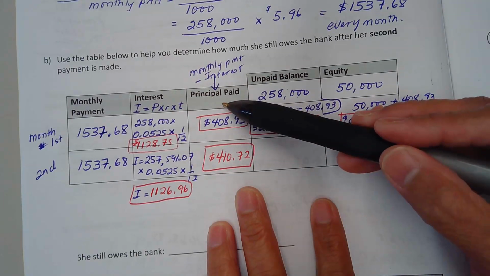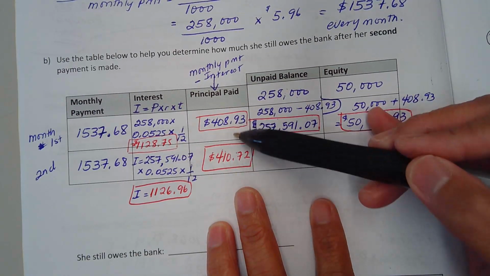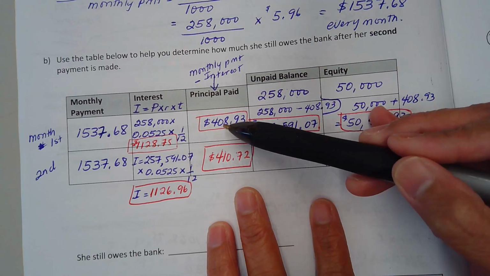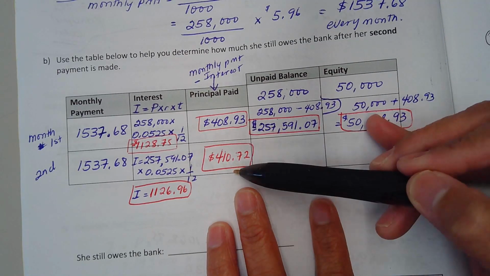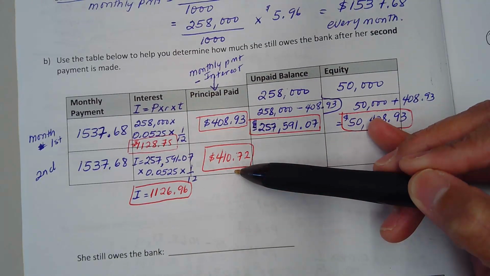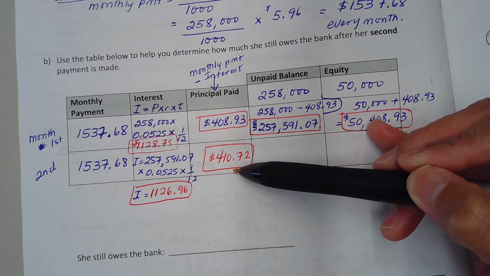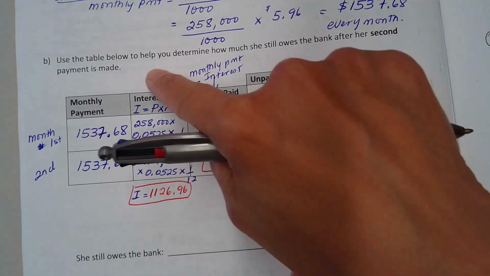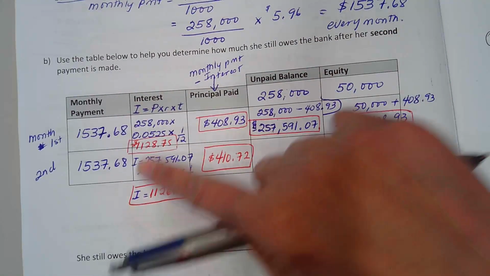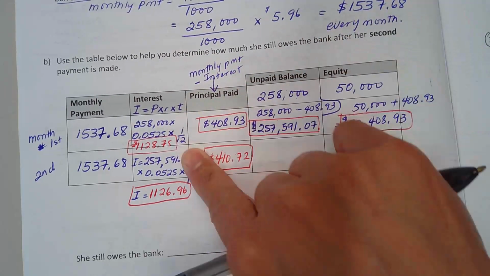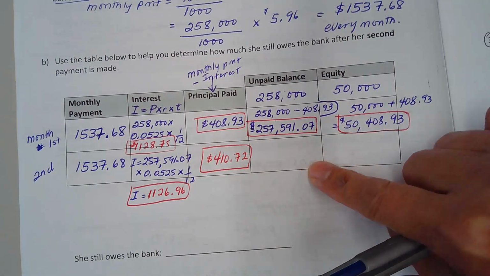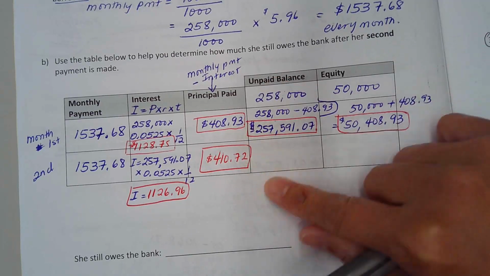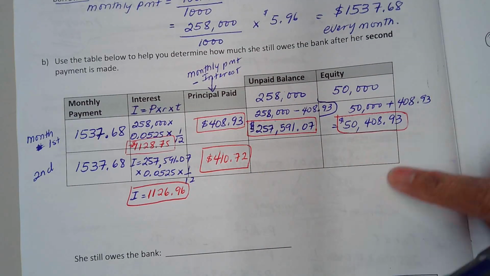So what's happening to the principal paid? It used to be 408, now it's 410. So as you're paying it off, more and more money is going towards the principal. So interest should be going down, principal is going up, unpaid balance should be going down, equity should be going up.